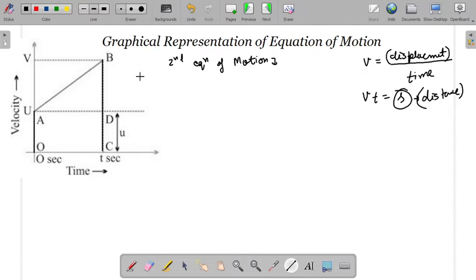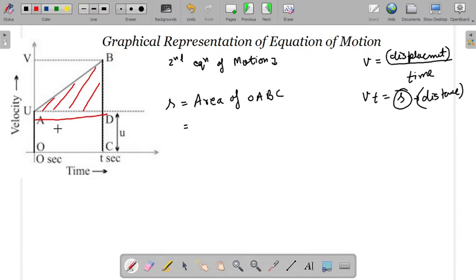We have to calculate the area of OABC, for calculating the distance. But as we can see, OABC is the sum of OADC and ADB. It means we have this area and also we have this area.